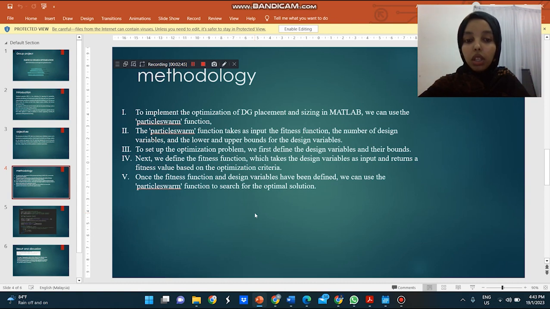Next, we define the fitness function, which takes the design variables as input and returns a fitness value based on the optimization criteria. Once the fitness function and design variables have been defined, we can use the particleswarm function to search for the optimal solution.